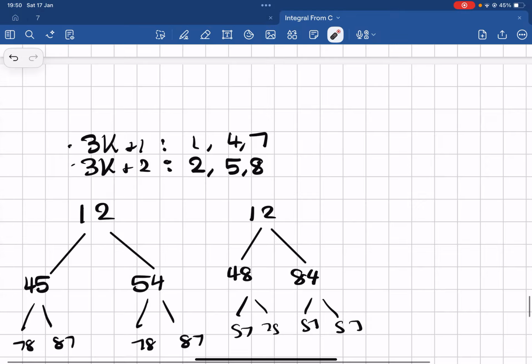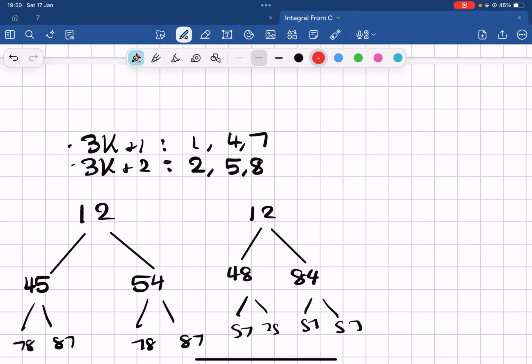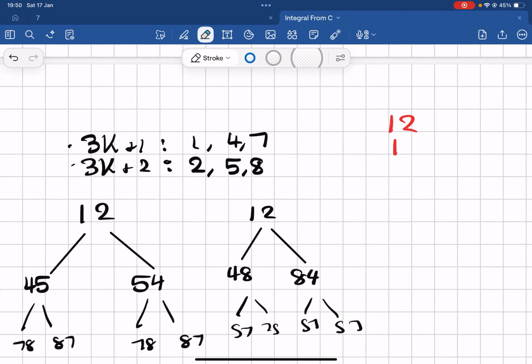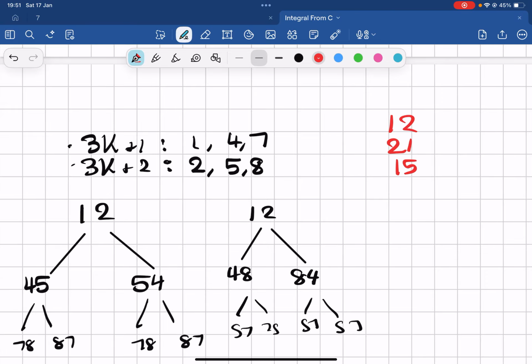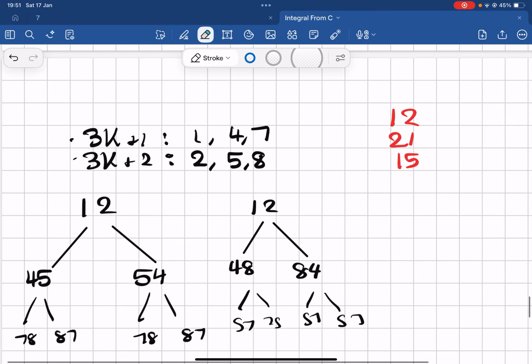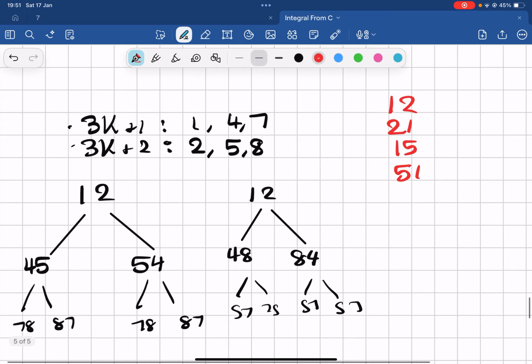Now using the same logic as with 12, how many other numbers can we form? Let's write them out in red. We can have 12, we can have 21, we can also have 15, we can have 18. If we have 15, that means we can have 51, and we can also have 18 and 81.